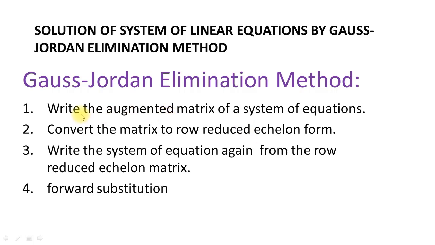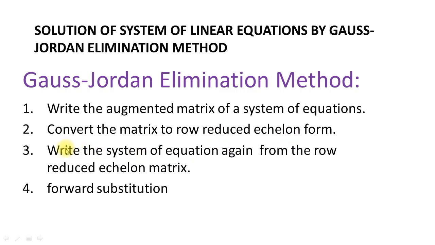First of all, write the system of linear equation in matrix form, and then write the augmented matrix of system of equation, and convert the matrix to row reduced echelon form.